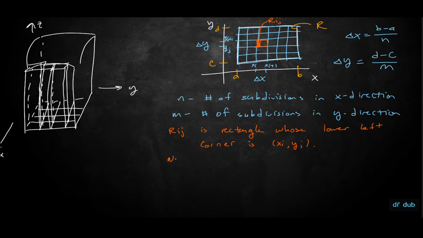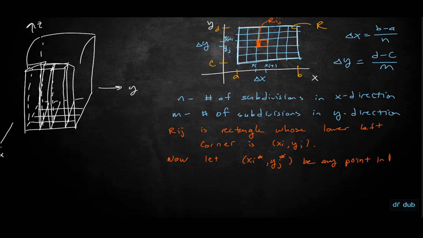And now let x_ij, call it x_i star, y_j star, be any point in R_ij.